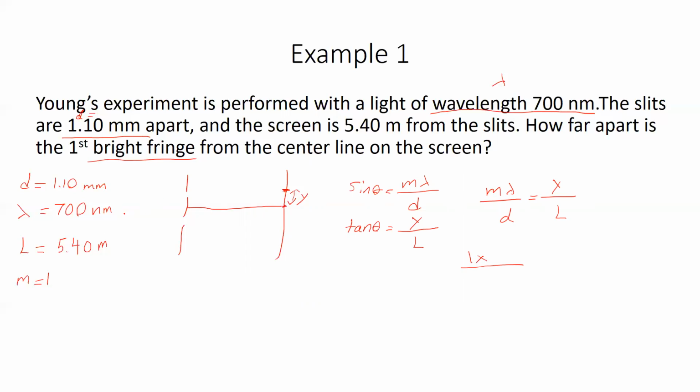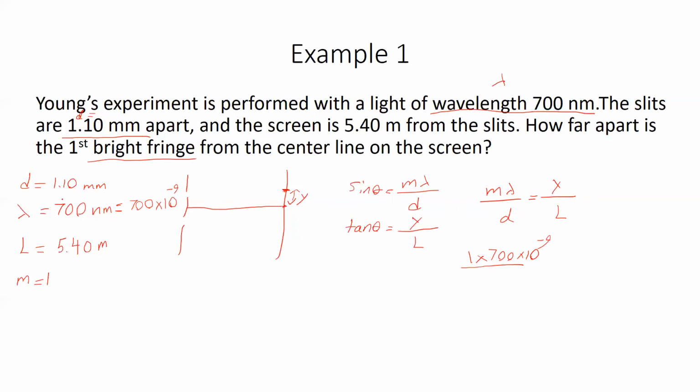Lambda here is in nanometer, so I need to convert it to meter. To convert nanometer to meter we multiply by 10 to the power of minus 9. So we put 700 times 10 to the power of minus 9.